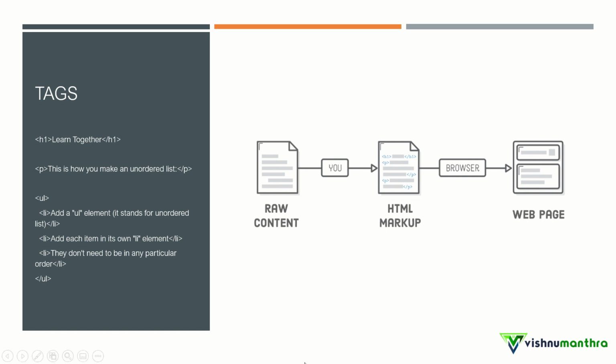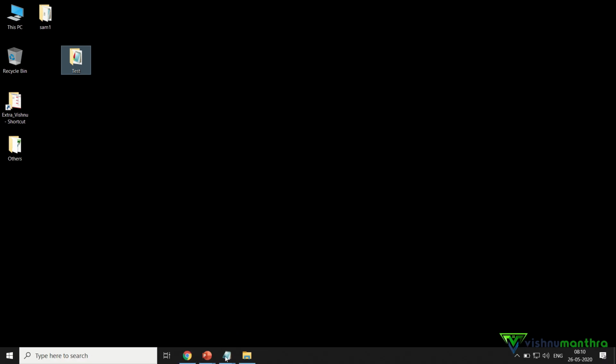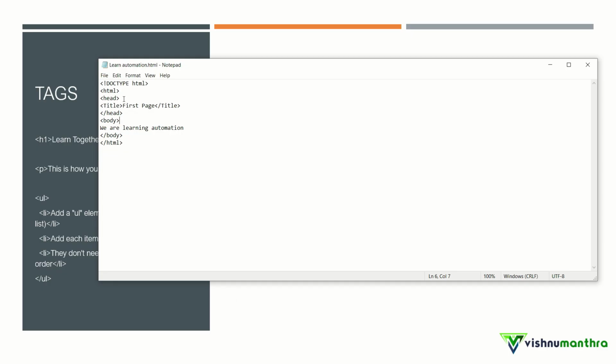Okay, let's now add some more content to our HTML web page. So now I will add a heading inside the body. We are learning automation. I will try to make it into a heading with H1 as the tag. Okay, now I am making this into a heading.